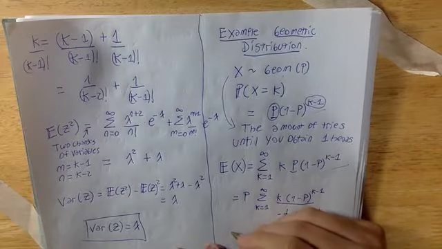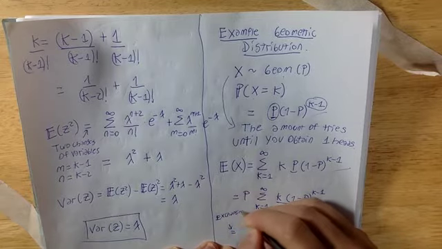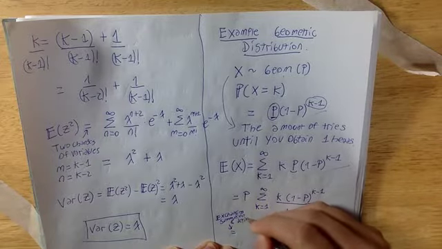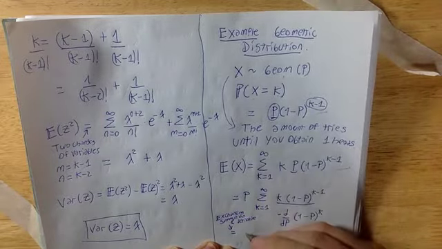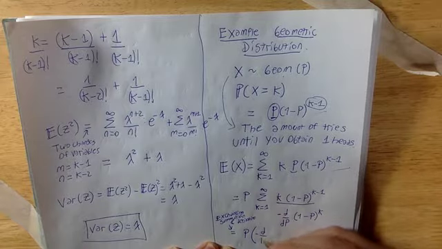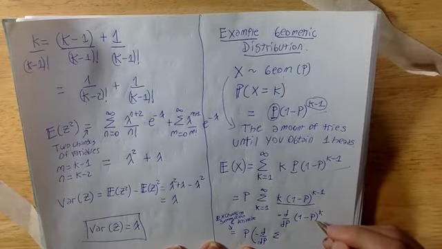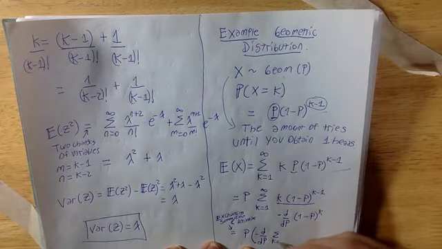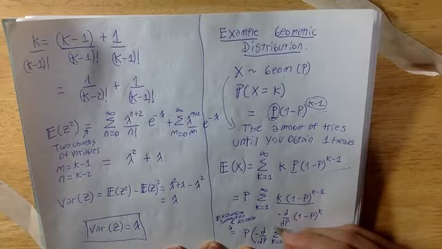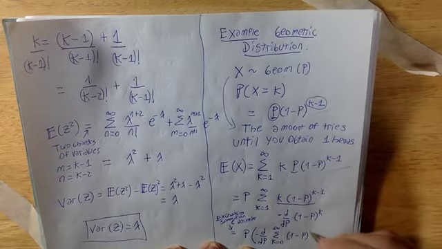Okay, so exchanging summation and derivative, this is equal to p times minus the derivative with respect to p of the sum from, in this case, k equals 0, because the 0 term would still be included, up to infinity of (1 minus p) to the k.